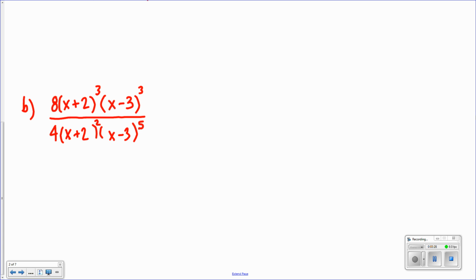So we're going to take this now, and if you want to expand it, that may help you. If you're not understanding this concept, this may help. If you do have a good understanding of exponents, then go ahead and simplify however you wish to. I'm going to say here 8, and this is like saying times the quantity of x plus 2 three times.